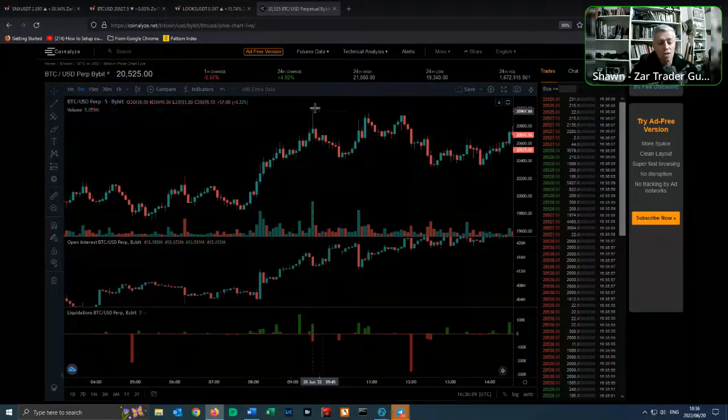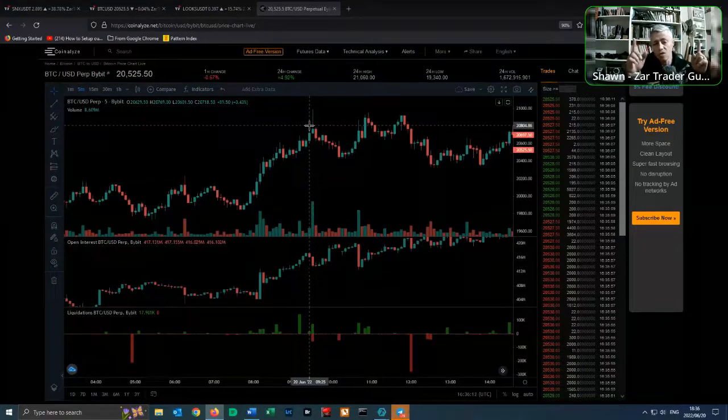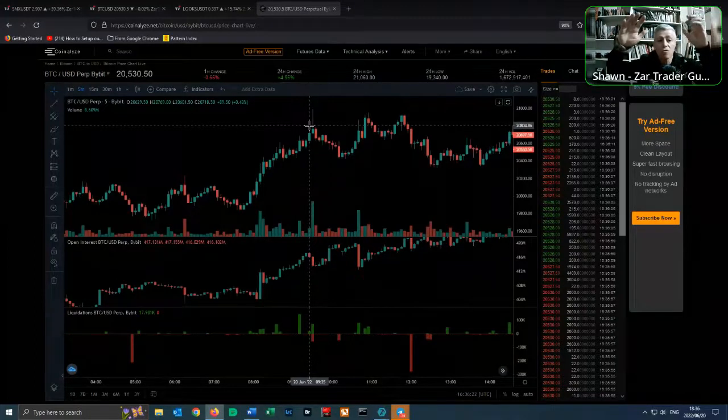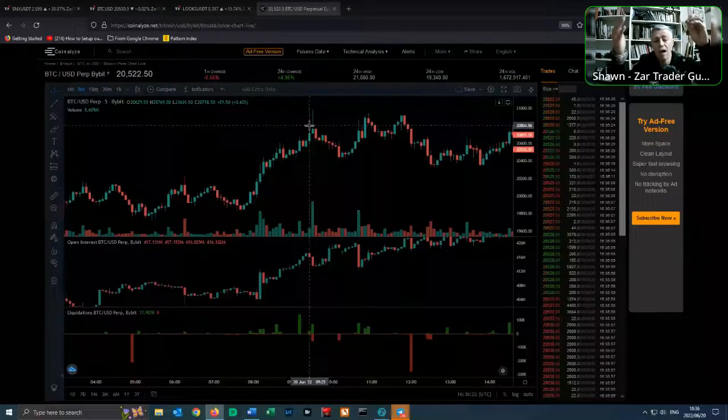And that normally is shorts closing. You'll see also on the footprint chart, a lot of the time when the shorts are closing at the top of the candle or at a resistance, there's no actual sells to come in and counteract those shorts closing.